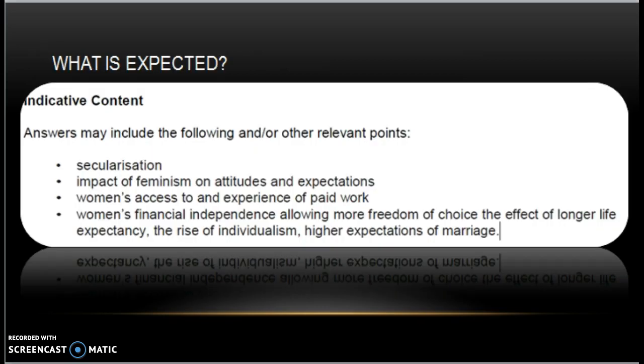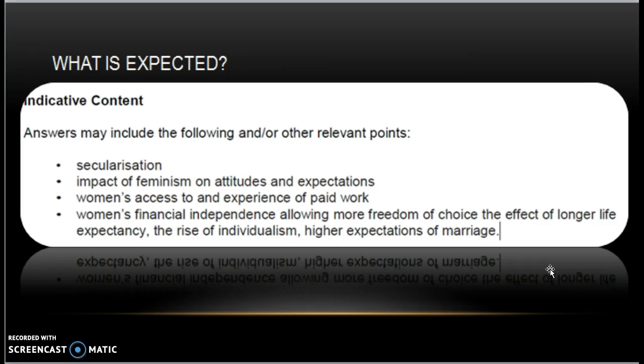So if we look at the indicative content, you can see we've got quite a few social changes that you could have mentioned. Secularisation, feminism, such as attitudes and expectations, access to and experience of paid work, financial independence, freedom of choice, individualisation, expectations of marriage.